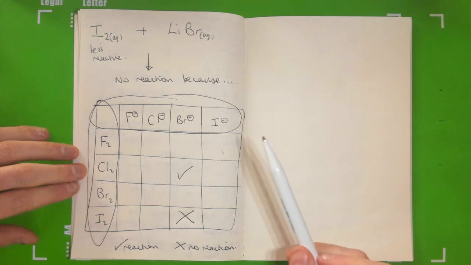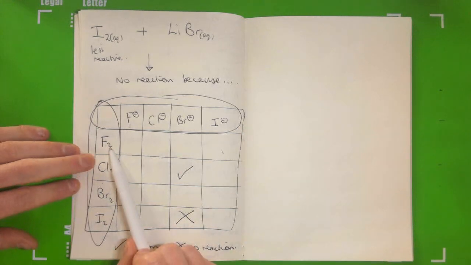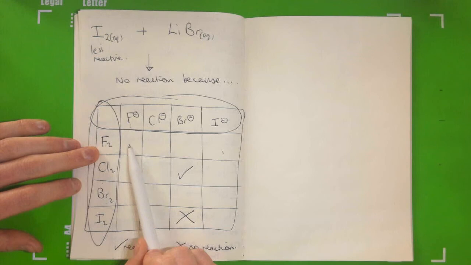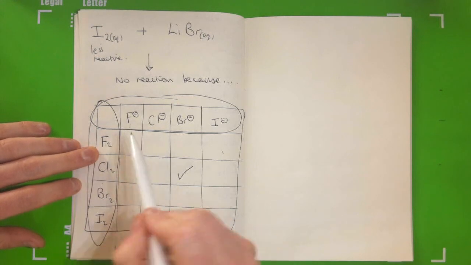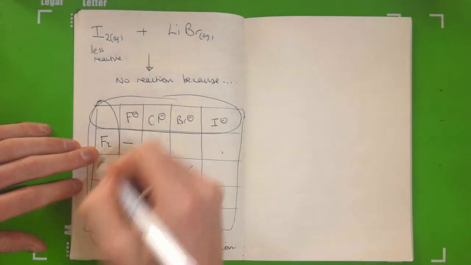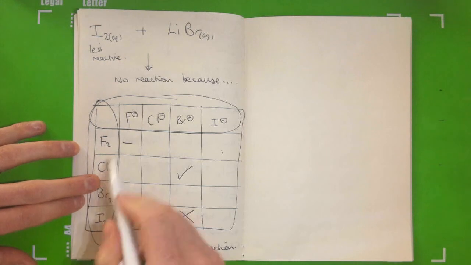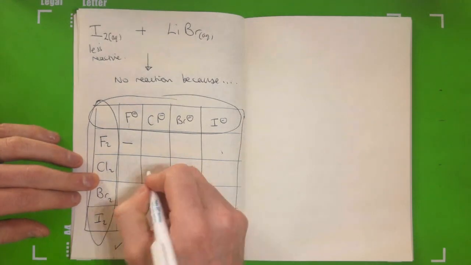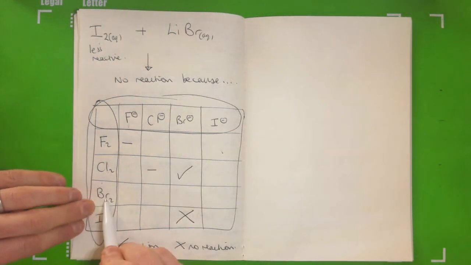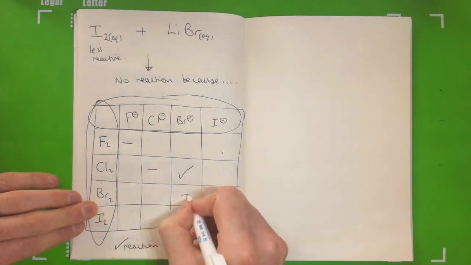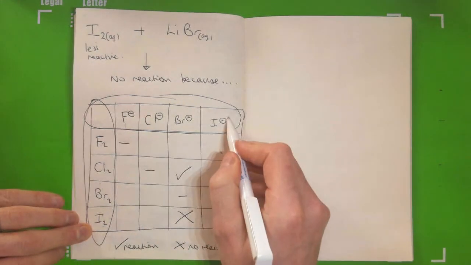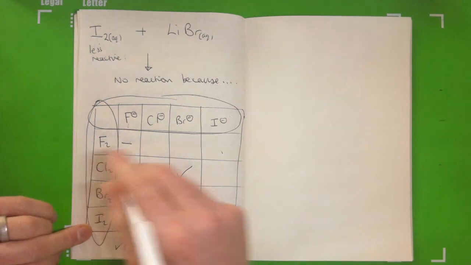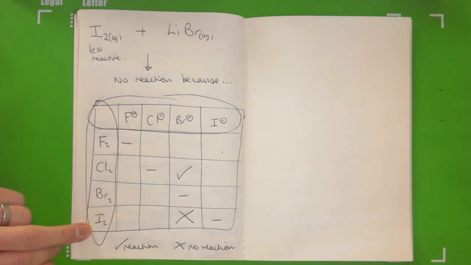Okay? Now, we know that fluorine is the most reactive. Now, we know fluorine cannot react with itself, so I'm not going to put a cross there, I'm just going to put a dash. Okay? And we know that chlorine can't really react with chloride, it's the same thing, and bromine can't react with bromide, and iodine can't react with iodide. So if you did that experiment, nothing would happen, but that's kind of obvious.